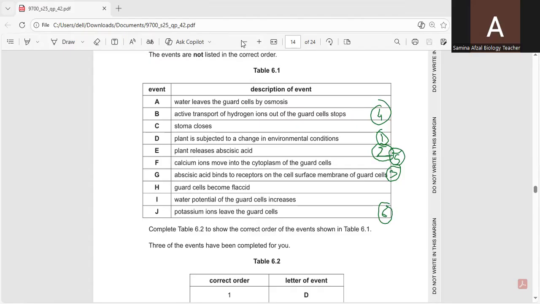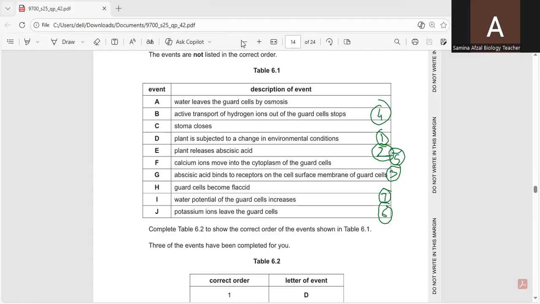And then what will happen at 7? The water potential of the guard cells increases due to the influx of these calcium ions. Then, when the water potential of the guard cells increases, what will happen?